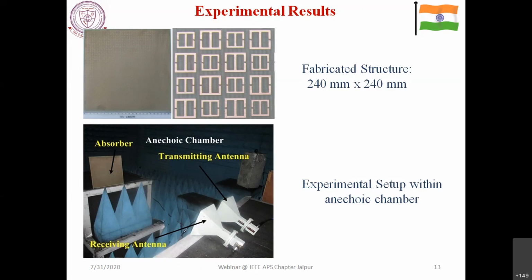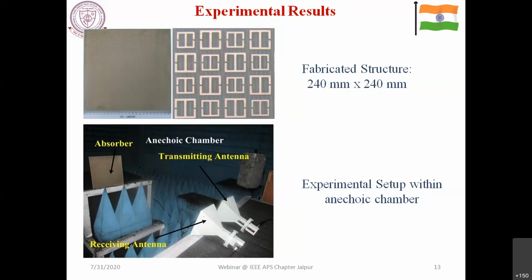But from a practical point of view, you have certain limitations. At least 5 lambda cross 5 lambda or 6 lambda cross 6 lambda will be better. Again, the larger you can take, the better, because you can minimize the effect of side edge diffraction.